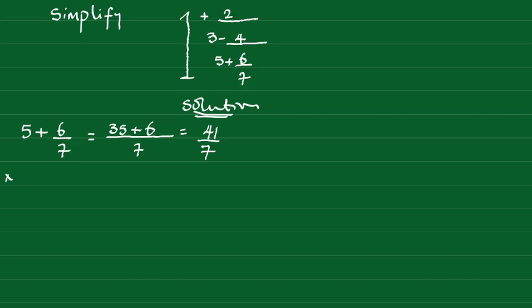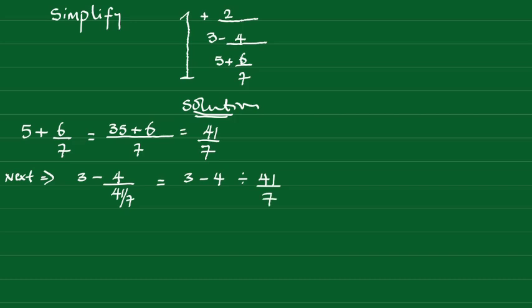Now next, we input what we have as our answer into the fraction. So we have 3 minus 4 divided by 41 over 7. This is equal to 3 minus 4 divided by 41 over 7.